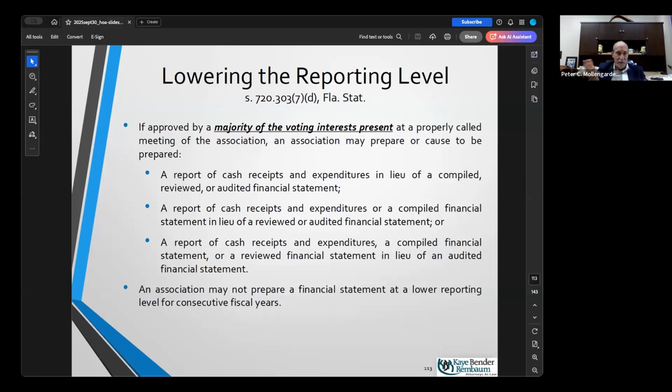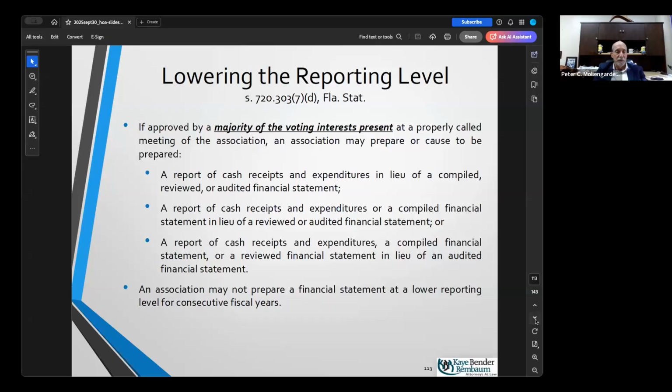A report of cash receipts and expenditures or a compilation in lieu of a review or an audit, or a report of cash receipts and expenditures, a compilation or review in lieu of an audit. So if the owners so vote, they can have a lesser financial report prepared than otherwise required. However, you cannot prepare a lower or reduced financial statement for consecutive fiscal years.